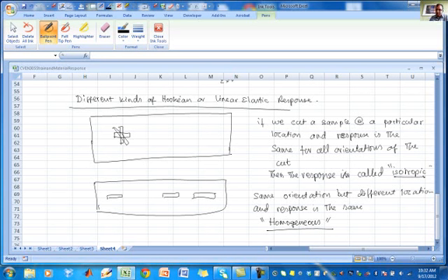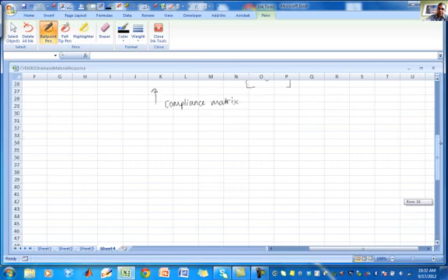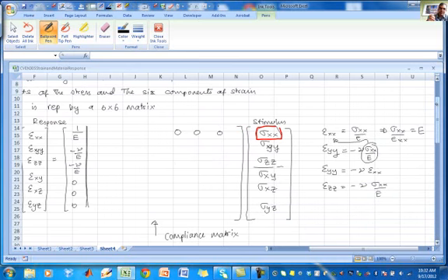For such a material, let's go back to our matrix, and instead of keeping sigma xx constant, I keep only sigma yy and all the other ones 0. Then I will get a second row that looks like minus nu over E, 1 over E, minus nu over E, 0 0 0.